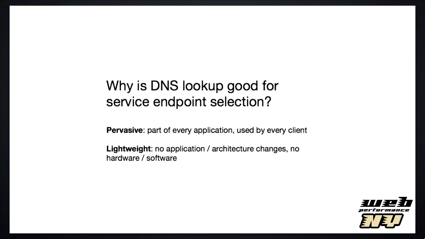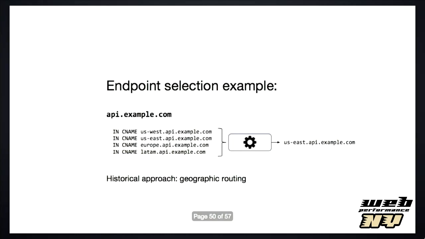Because everybody's using DNS, making changes to DNS is a very easy thing to do. It's a configuration change, right? It is not, let's add a new hardware load balancer over here or add some GTM appliance over here. DNS lookup is a lot easier than that. So these are some of the reasons why DNS lookup has proven to be a pretty good time to do what we call service endpoint selection.